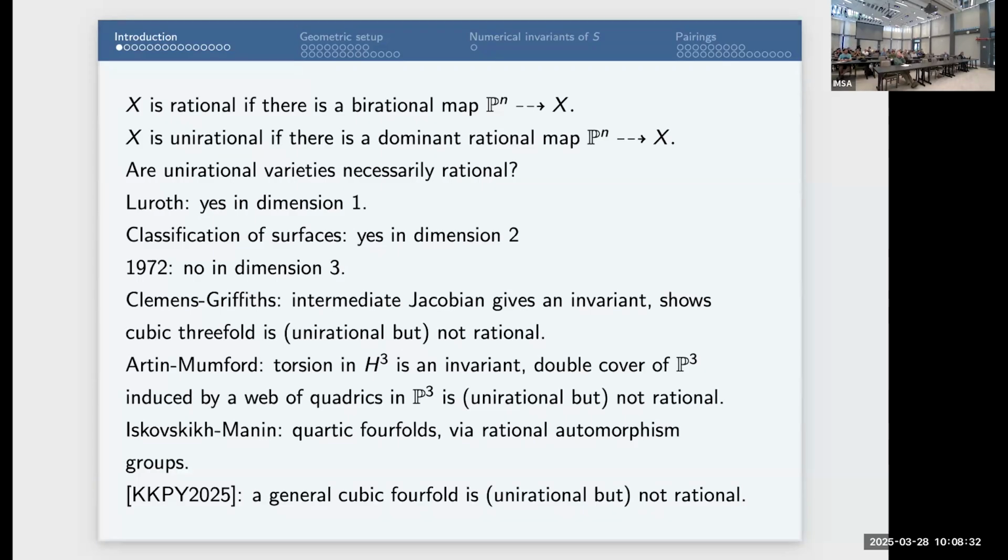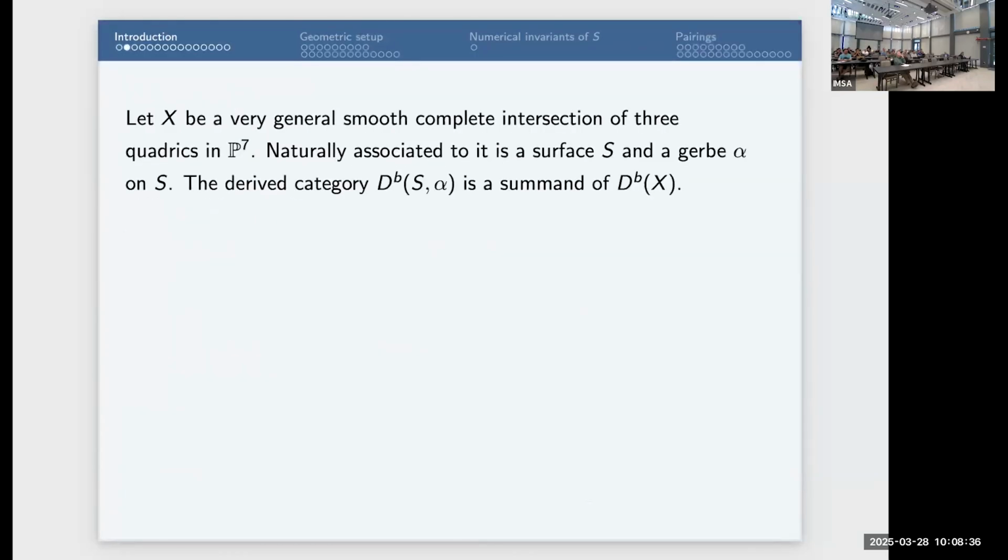It also shows that certain families are not rational. Proving it for a family is harder than proving it for the whole thing, because maybe that family is exactly the exceptional one. So in this talk, we're going to consider X, which is a very general smooth complete intersection of three quadrics, of dimension 4.